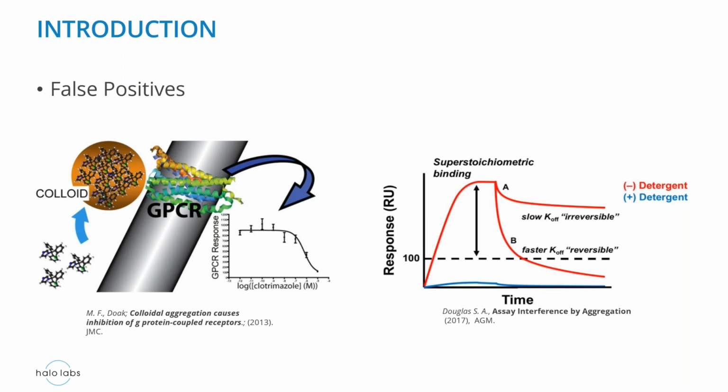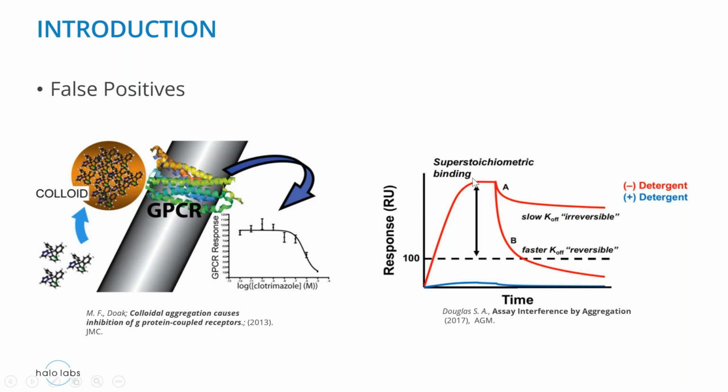This affects everything from cell systems to biochemical coupled systems to pure biophysical assays. Aggregates can form these colloid molecules, or they can form the macromolecular colloid aggregates, and these will actually activate molecules in the cell system, or will activate off-pathway systems, and they will produce either false positives or false negatives.